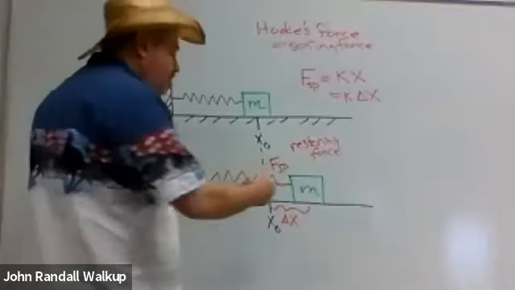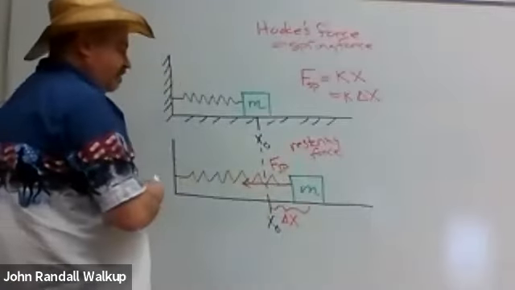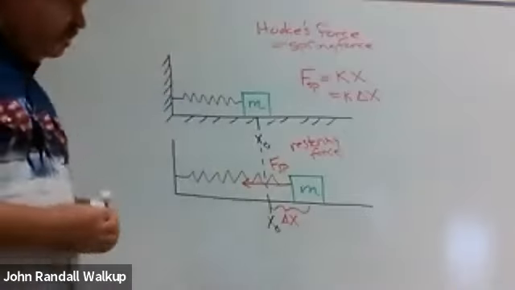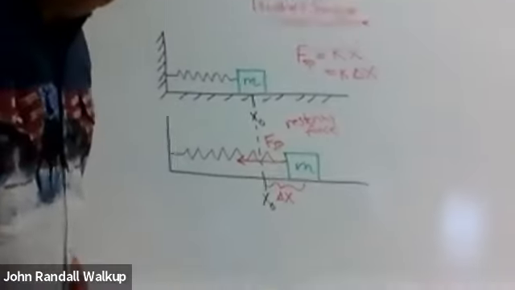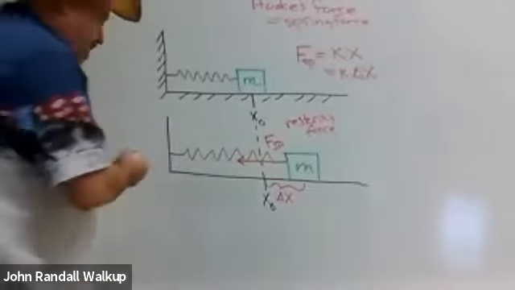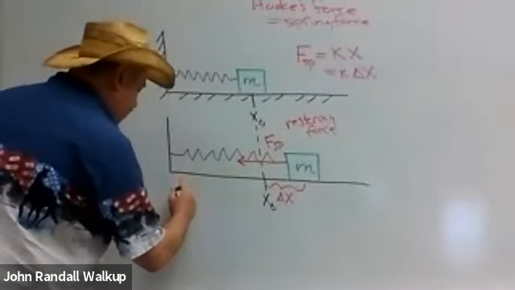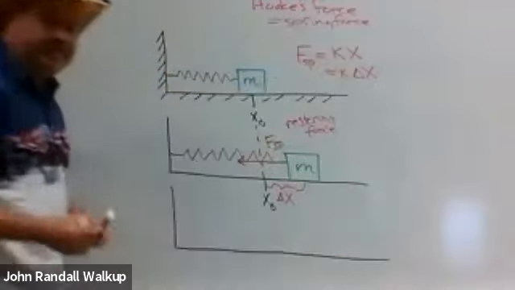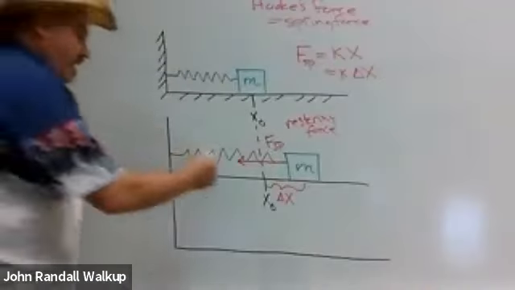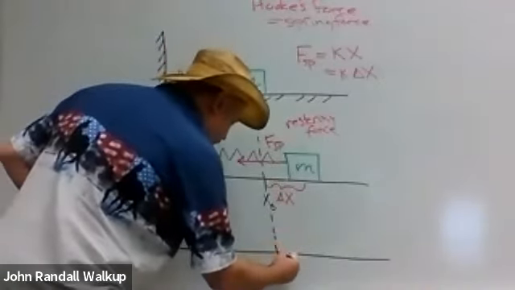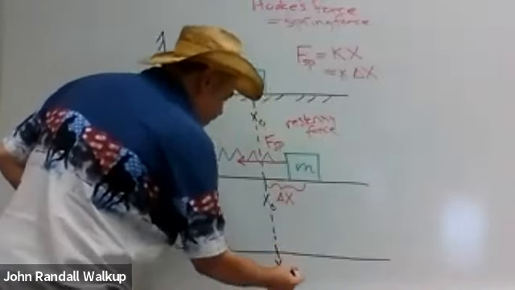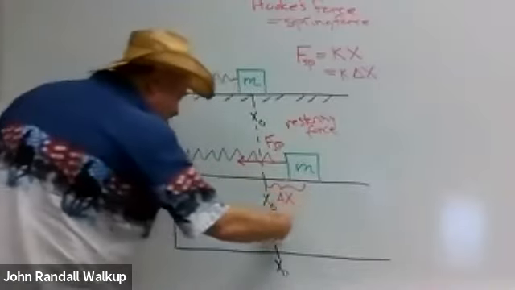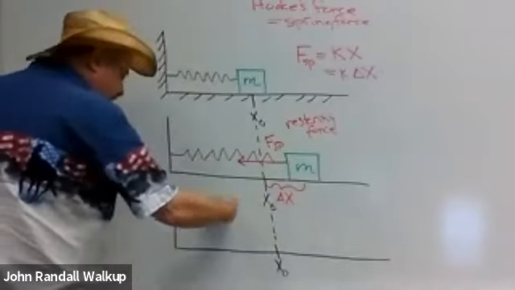Now, what happens though if I push in the other direction? Okay, well, I guess I could draw it down below. So I'm going to draw the same system. I have my X naught. And now I'm compressing the spring by pushing the mass in this direction.